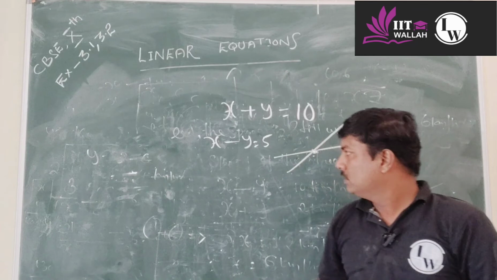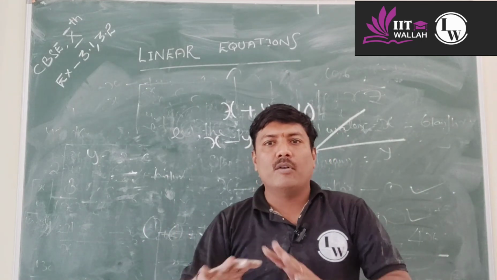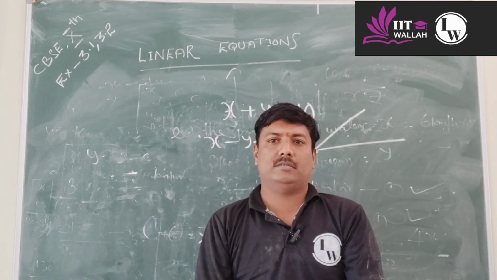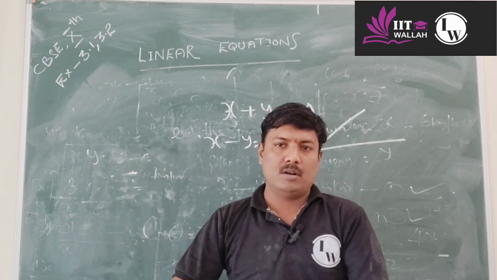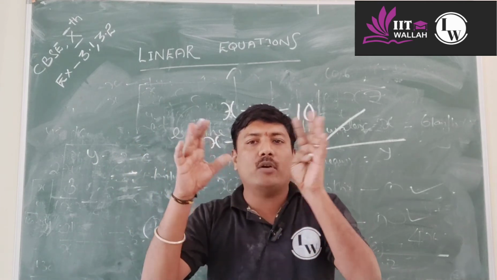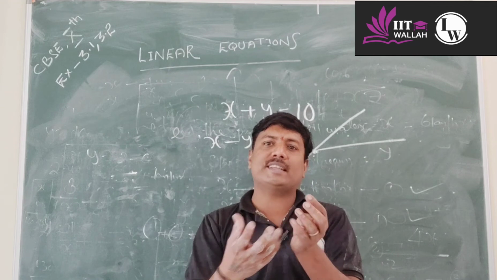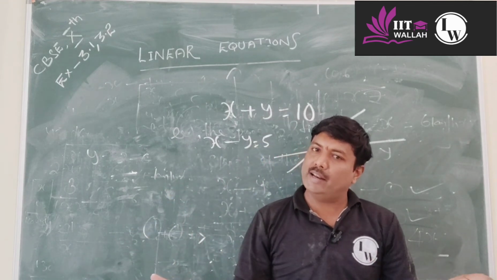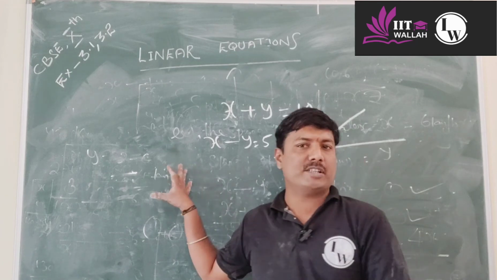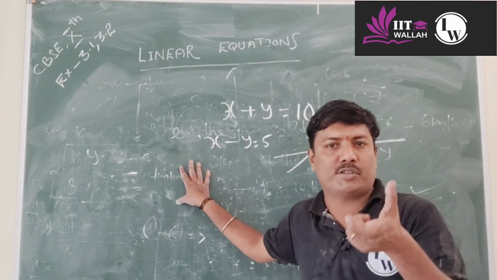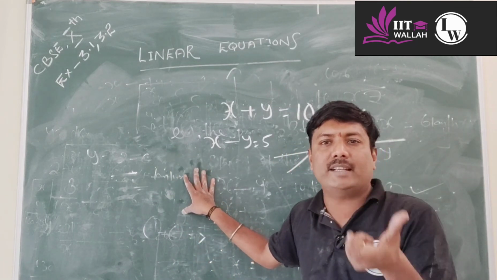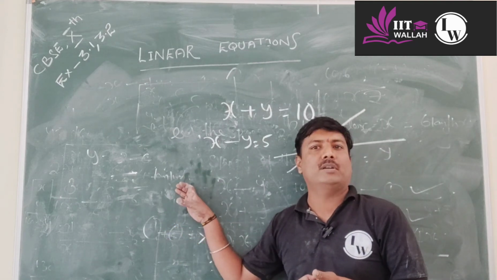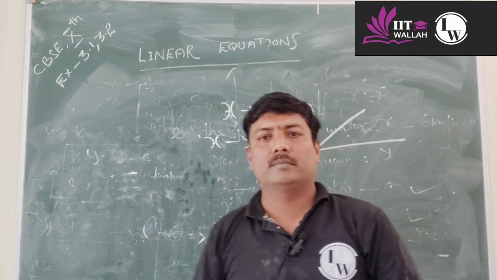And some questions will be asked to frame the equations and draw the graph, or to frame the equations and find the solutions algebraically. Both of these are possible, and you understood that very clearly. And the cross multiplication method, I showed you the easiest way to do it. That also you learned now.